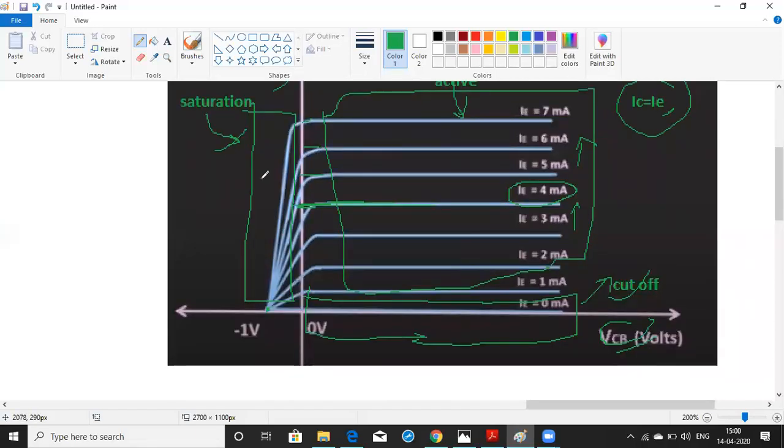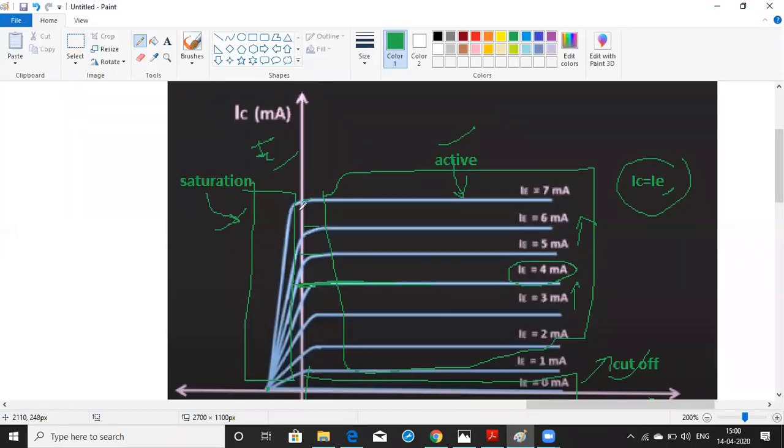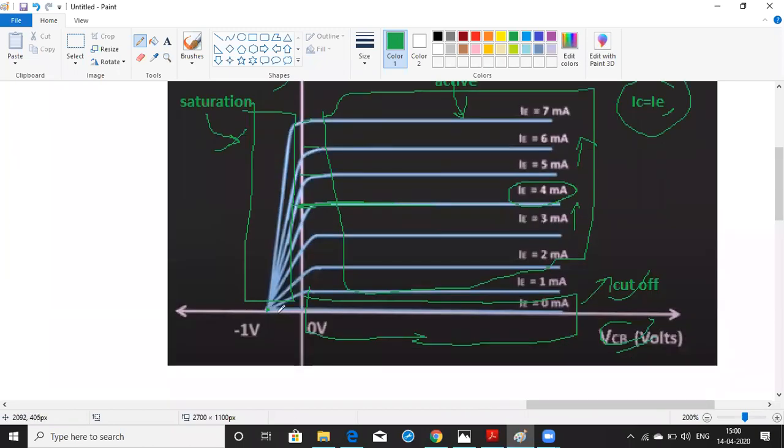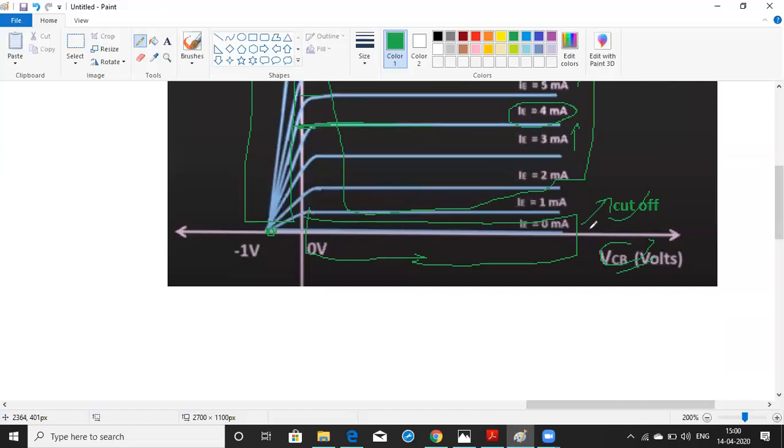But in the saturation region, when both junctions are forward biased, there will be very little output current, so it drops towards zero. Here also, under the cutoff region, the collector current is very small.